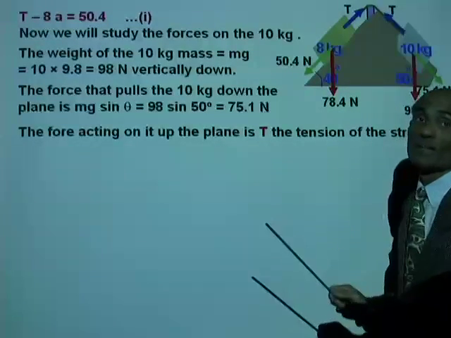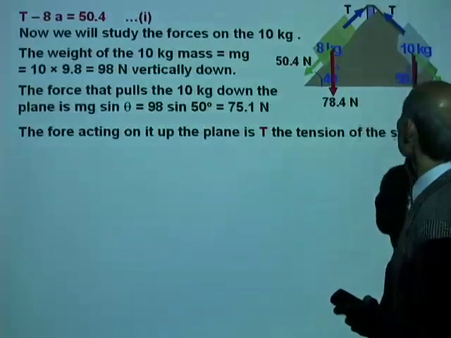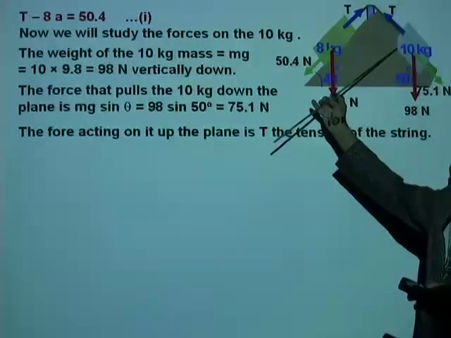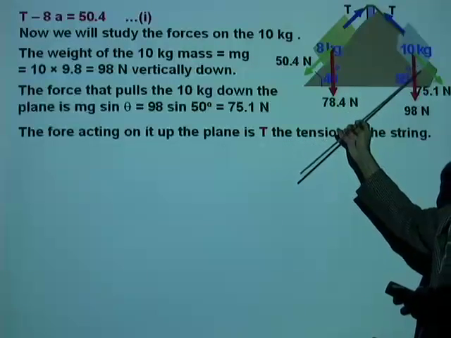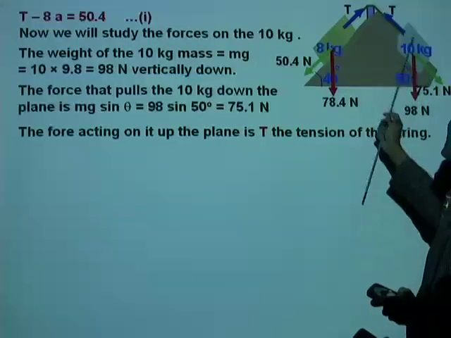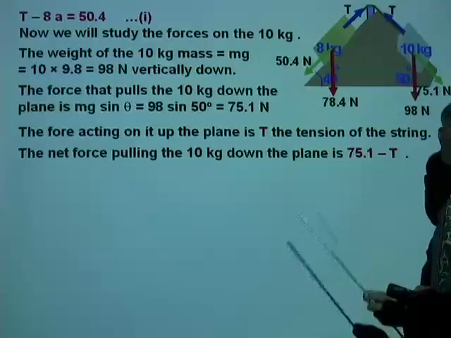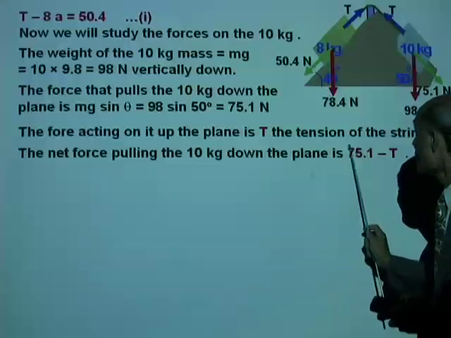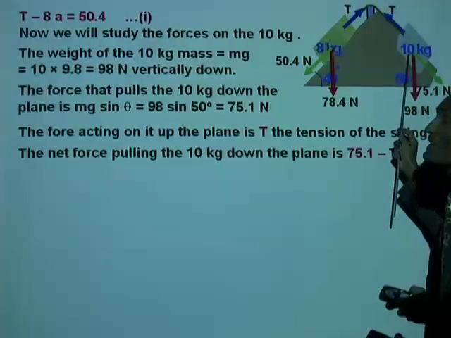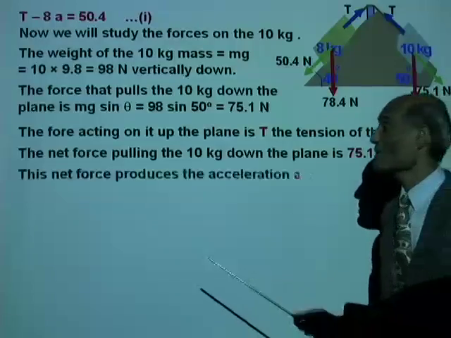There you are. Therefore, what is the net force on the 10 kilogram? Because the 10 kilogram is moving down the plane, the net force is 75.1 minus T. That is the net force on the 10 kilogram. And this net force must be equal to this mass multiplied by the acceleration.